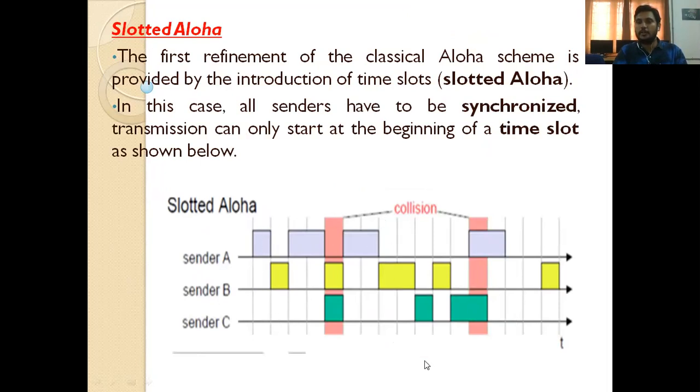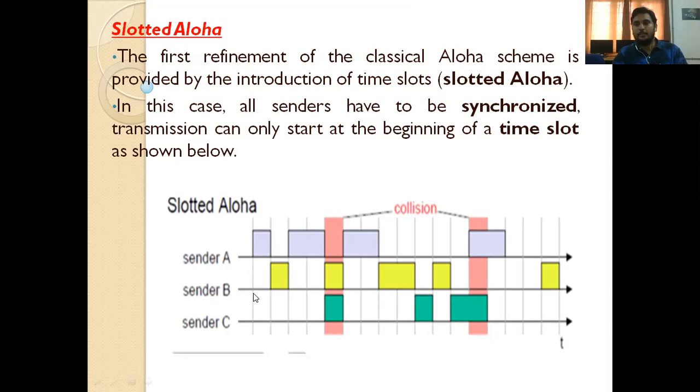The basic rule is that if a sender wants to send any data packet, he can send it only at the starting of a time slot. That is the basic principle followed in slotted Aloha. If you observe this, A1 started in this slot, A2 at the beginning of the next slot, A3 at this slot, and A4 at this slot.